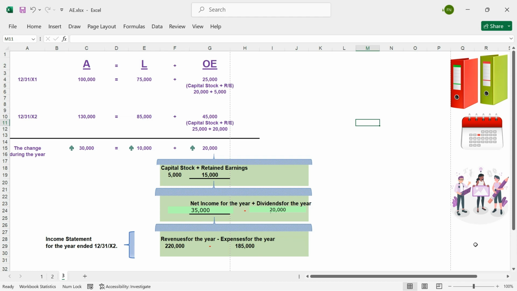And let's actually, just for the sake of explanation, go ahead and establish some balances of amounts of assets, liabilities, owner's equity, as of a date, we'll say 12/31/X1.